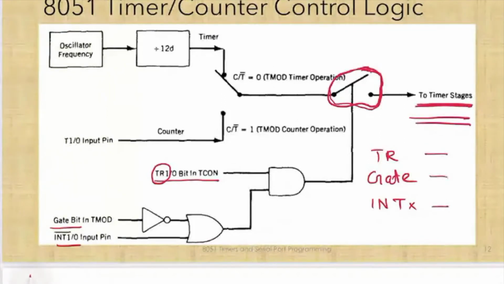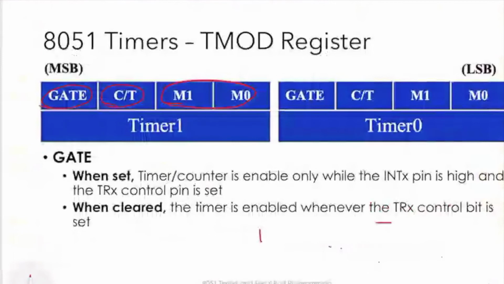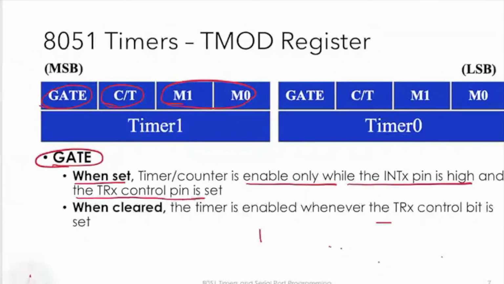Now, in our previous explanation, if you go back to the previous slide, what is gate? It is written: gate, when set, the timer is enabled only while INTX is high and the TR control bit is set. Let us go back to the diagram.